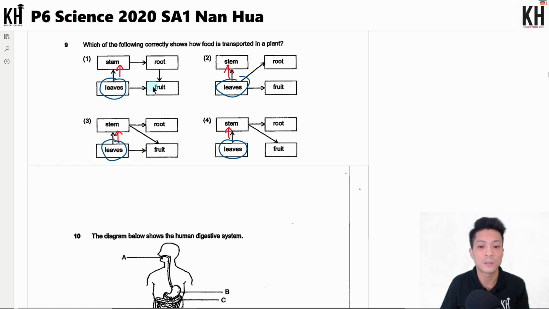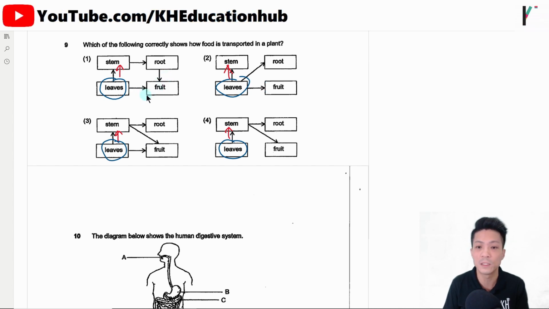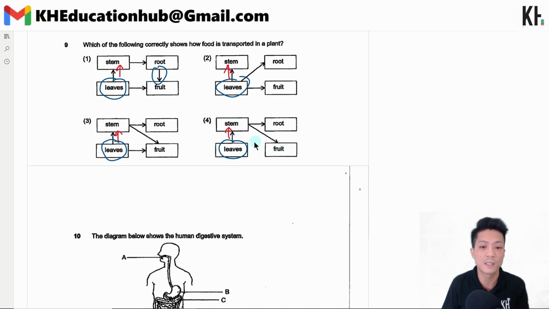I don't think it is possible for the leaves to transport the food produced directly to the fruit. Probably not. And number 1 is obviously wrong because food does not transport from the root to the fruit. So I think in this question the obvious answer is number 4. The leaves is where the food is produced. It will be transported through the stem to the roots and the fruit.